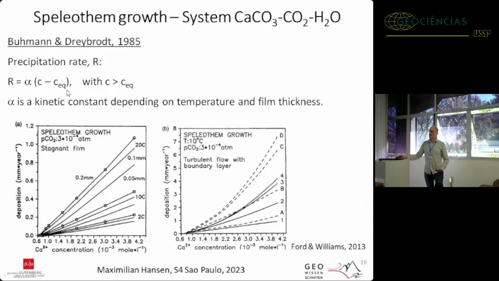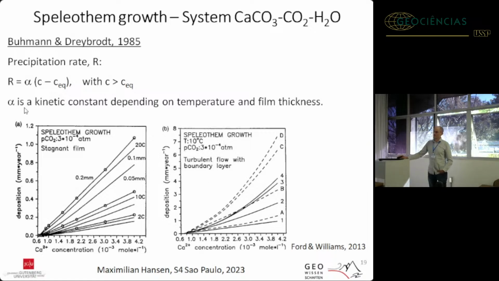Which is usually much, much lower than in the water which enters the cave. And in these plots, they show the deposition rate in dependence of the concentration of the solution for different film thicknesses.